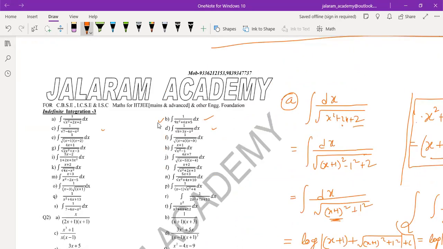Now, 1A, 1B, 1C, 1D, 1E, expand and solve, 1F, expand and solve, can be solved with the same methods which we have discussed in question number A and B. In G, you can watch, it has numerator 4x plus 1. So how to solve the question when they have numerator as 4x plus 1?